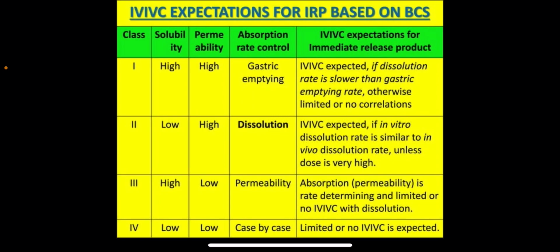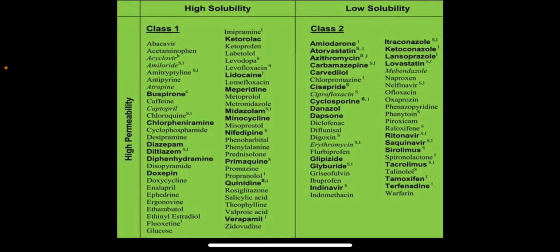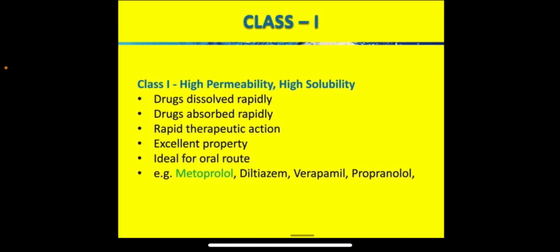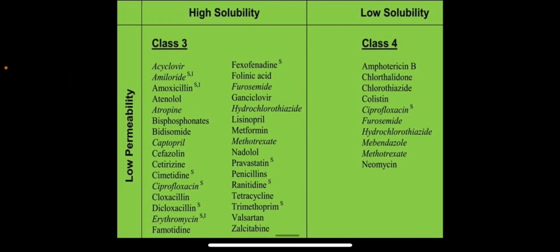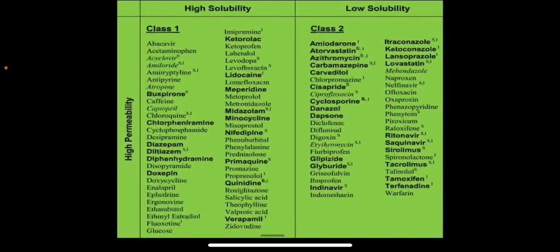So it includes the 4 classes and gastric emptying time, where we can correlate the in vitro in vivo correlation. So these are the drugs which show class 1, class 2, class 3 and class 4. So this is all about solubility, dissolution and permeability.